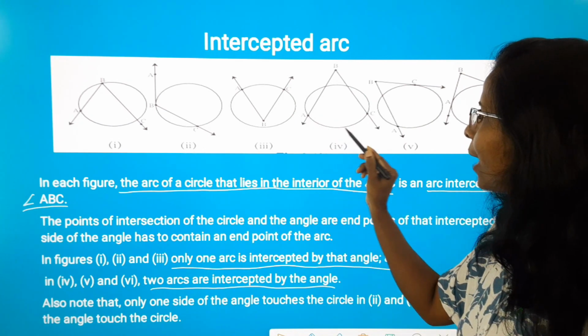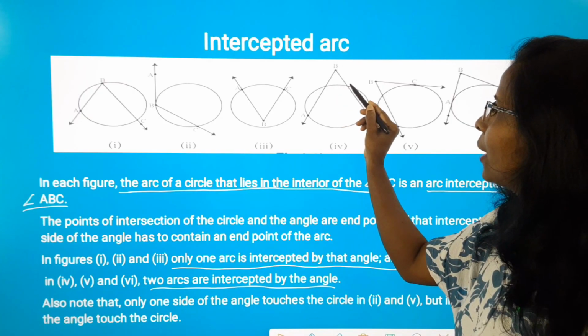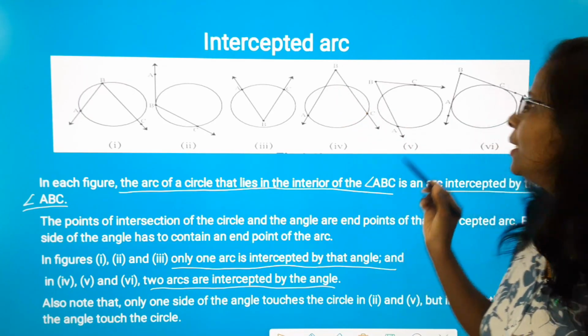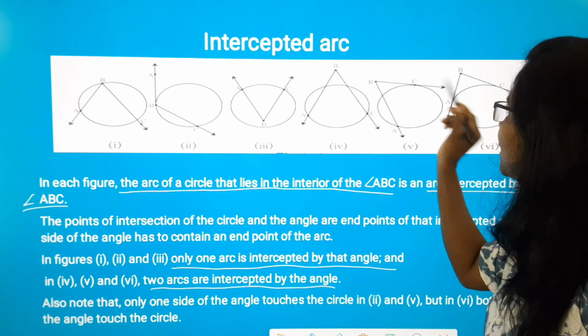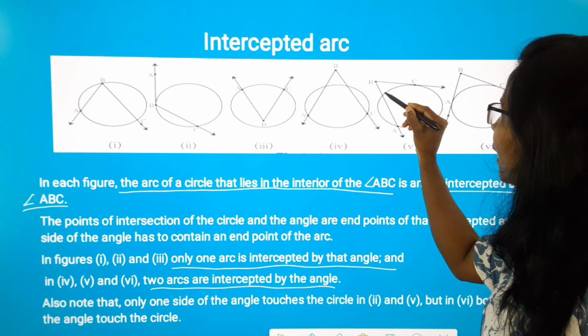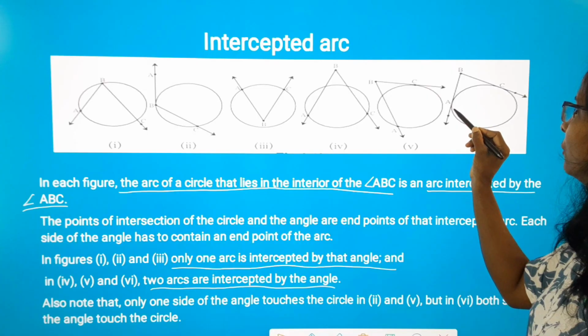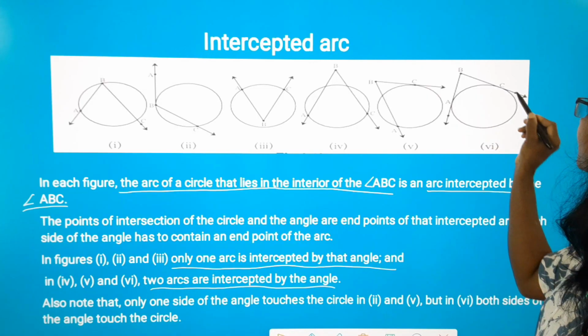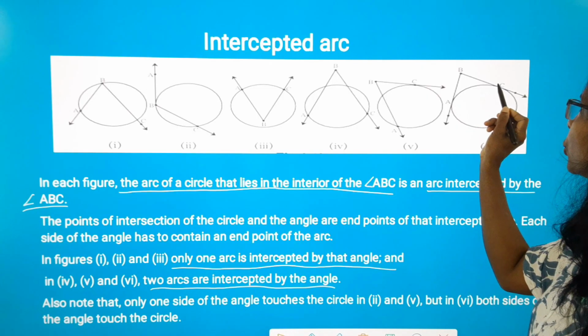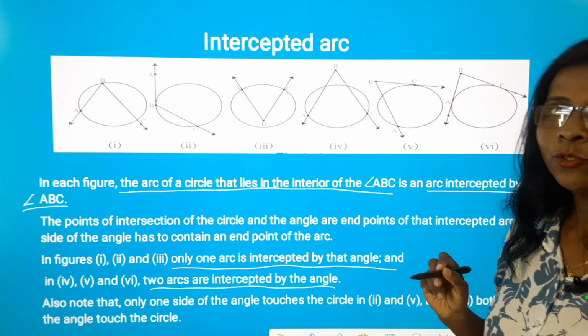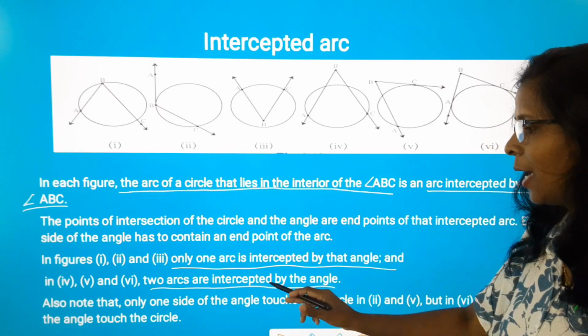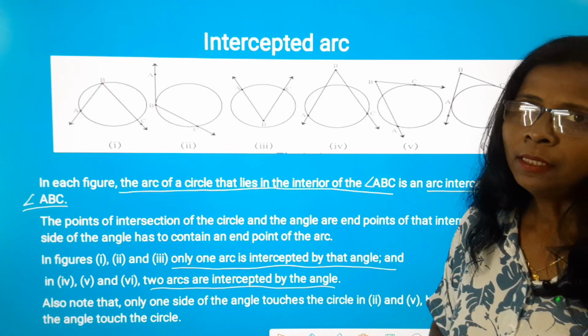This one arc AC and this other arc. Students, observe this carefully. This arc is AC and this portion is also AC. So the two arcs are intercepted by the angle.